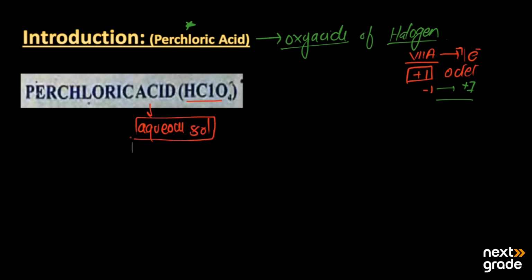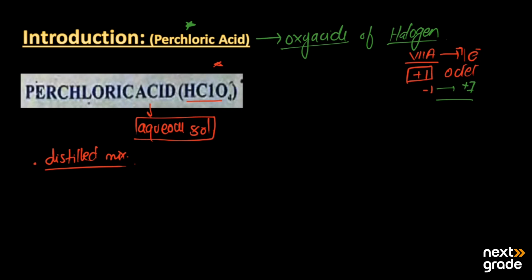On the other hand, the pure anhydrous compound can only be prepared with the help of one method, which is known as distilling a mixture. From this distilled mixture, we can prepare perchloric acid.